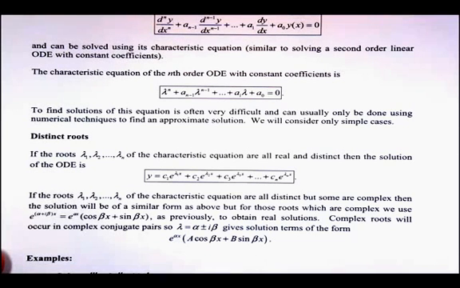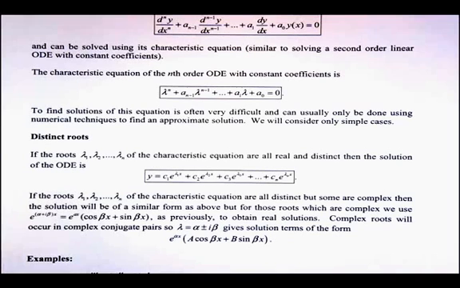But you still see that for two solutions there, alpha plus i beta and alpha minus i beta, you end up with two arbitrary constants. So each solution gives you an arbitrary constant as part of the general solution.